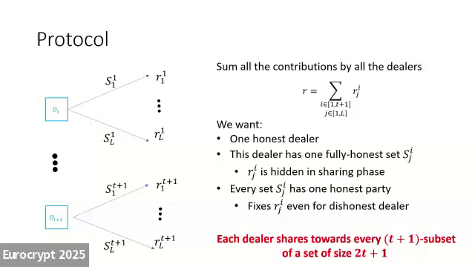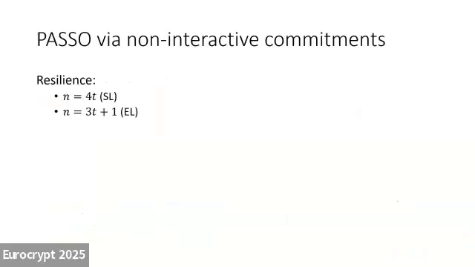This is ensured because the set of size 2T+1 can contain only up to T dishonest parties, and so T+1 parties in this set will actually be honest. So this is how we ensure that there is at least one subset of size T+1 that is honest. Okay, so the resilience of this protocol is 4T parties in the sending leaks model, and it also needs 3T+1 parties in the execution leaks model.